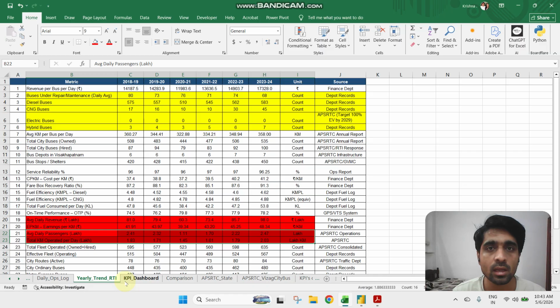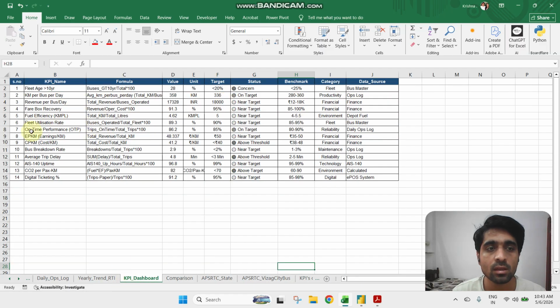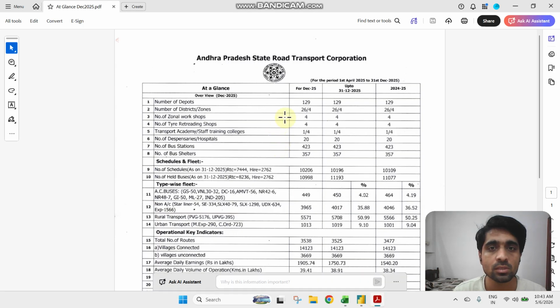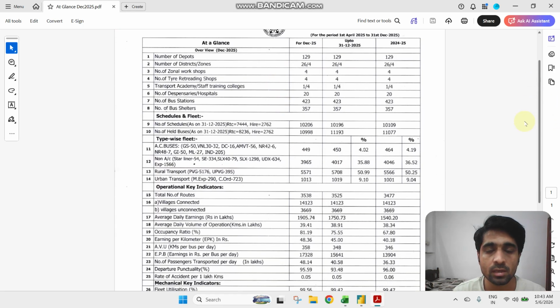The yearly trend RTA and also the KPIs like on-time performance and earning per kilometer will be discussed during the dashboarding phase. Here you can see the most important sheet for our data analysis.